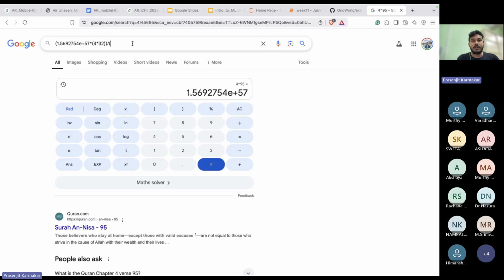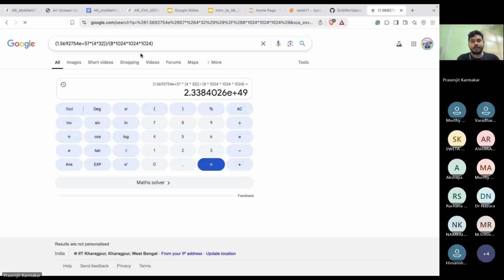Now we have to convert it to GB. Bits to bytes, times kilobytes, times megabytes, times gigabytes. This much gigabyte I would need: 2.3 times 10 to the power 43 to store the number of possible policies just for this small environment.